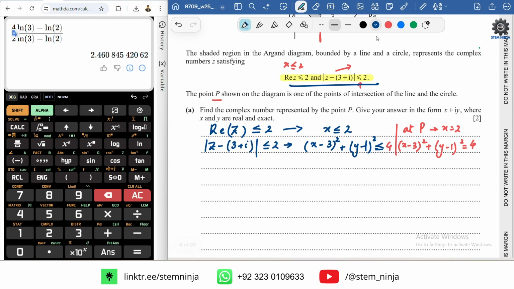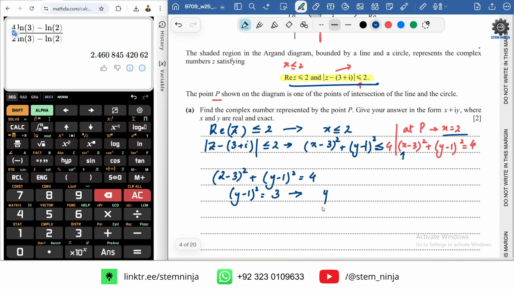Now, since x is equal to 2 at P, we will just plug in 2 over here. So (2 − 3)² + (y − 1)² = 4. This would be 1 basically. So (y − 1)² is equal to 4 − 1, 3.